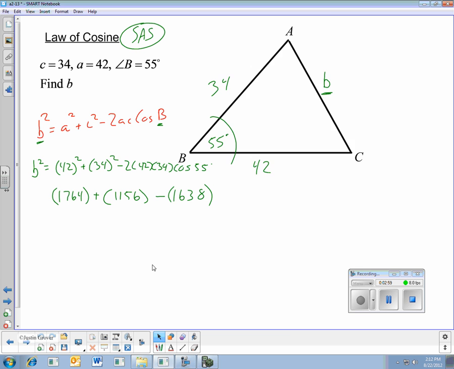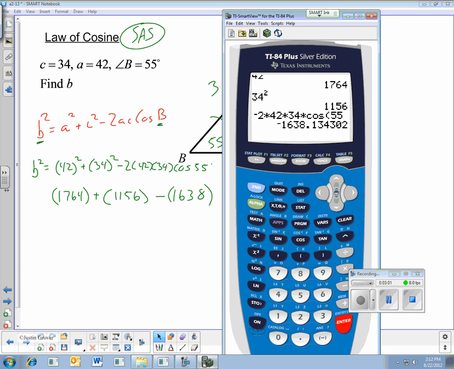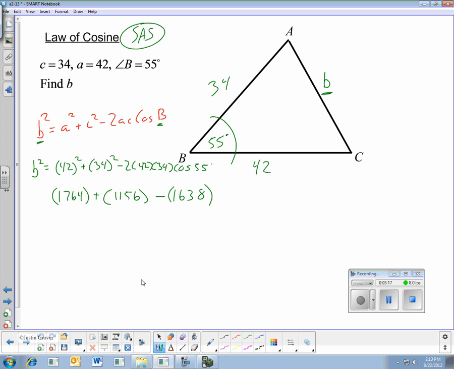So let's put all this in. In the end, we have 1764 plus 1156 minus 1638. And that's 1282. So b squared equals 1282, and so we're going to do the square root of that then.